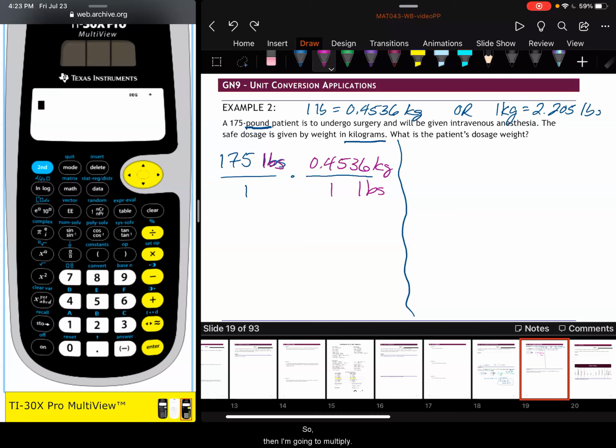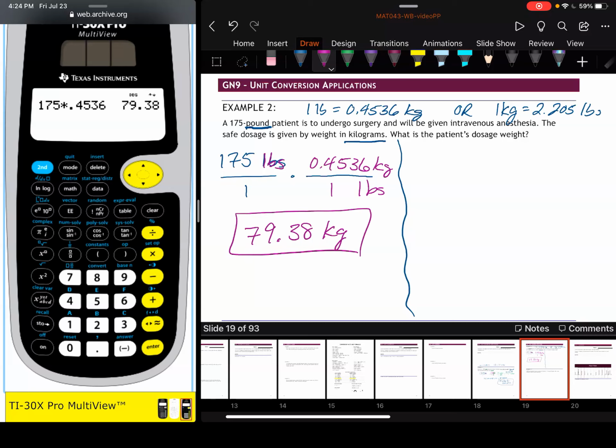So then I'm going to multiply 175 times our decimal, and we would end up with 79.38 kilograms. And then 1 times 1 would be 1 in our denominator, which is not going to affect our answer. Okay?